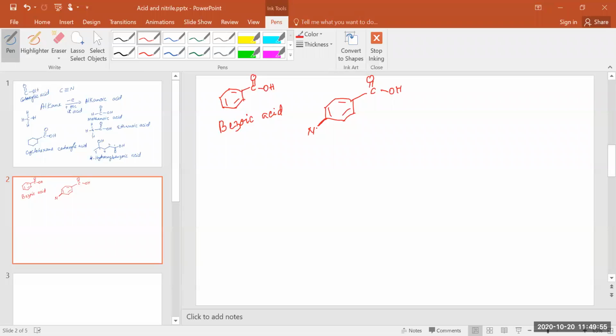So here it is, let's say NH2. So this molecule will be called 4-amino benzoic acid.